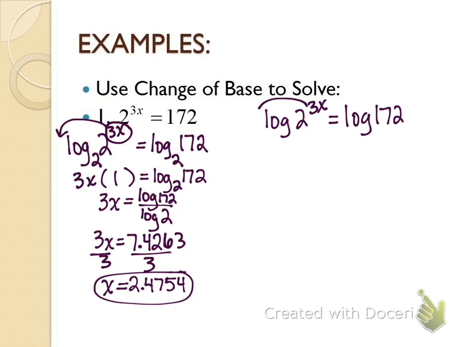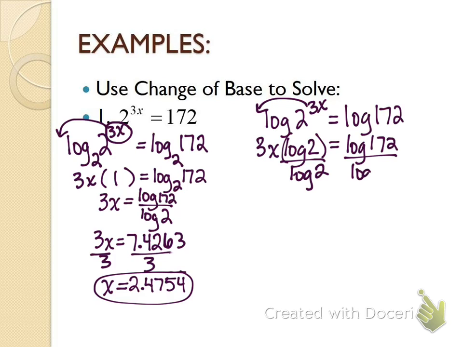We still would have brought the exponent out in front. 3x times log 2 equals log 172. Divide both sides by log 2. And at this point, they look identical. 3x equals log 172 over log 2. See how that's exactly the same step? We just got there a little bit different of a way.